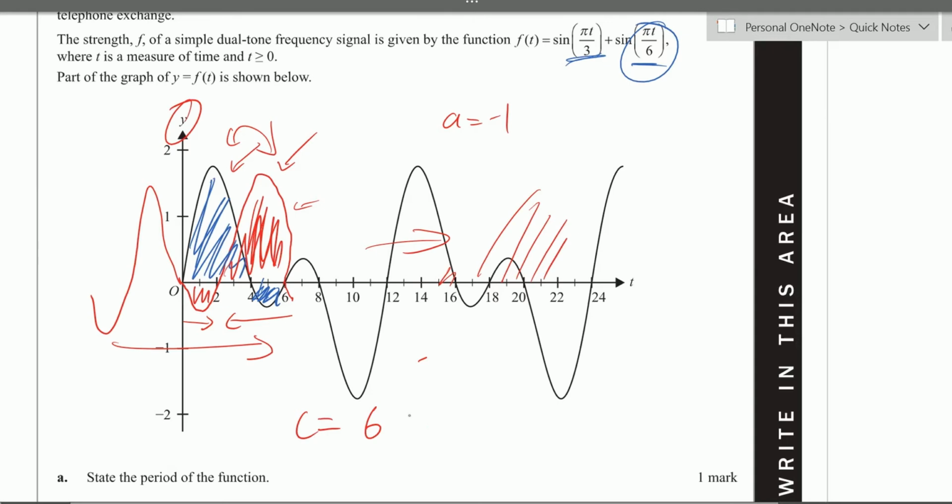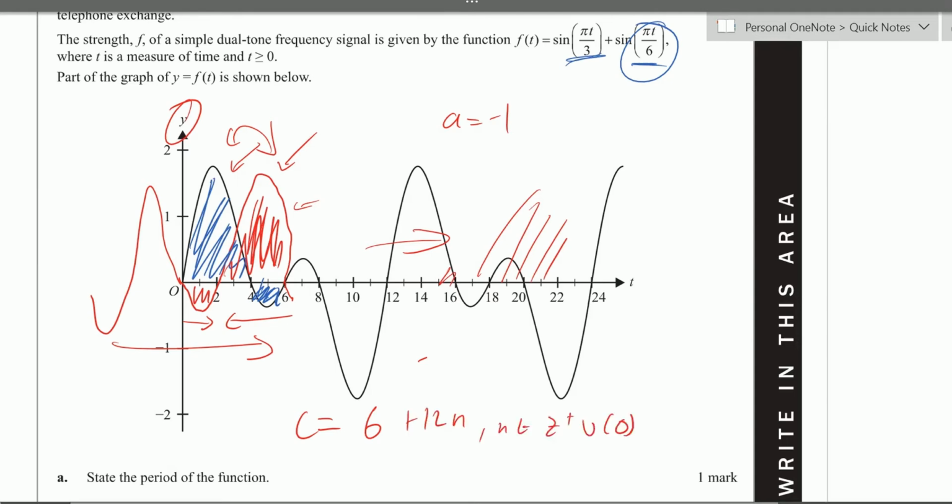So it would be 6 plus 2n, where n is an integer.